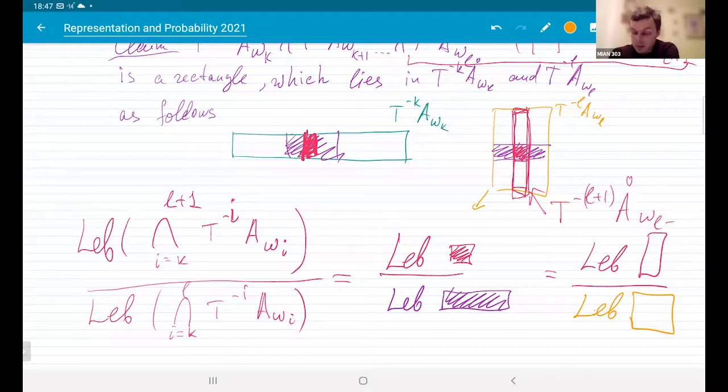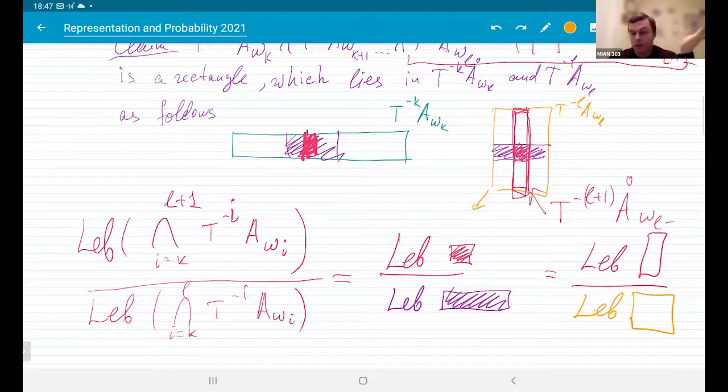This is because this is just the area of a rectangle. The area of a rectangle is a product of its sides, and so when we go from the numerator to the denominator, we have the same vertical side, and the horizontal side is changed from this to this.